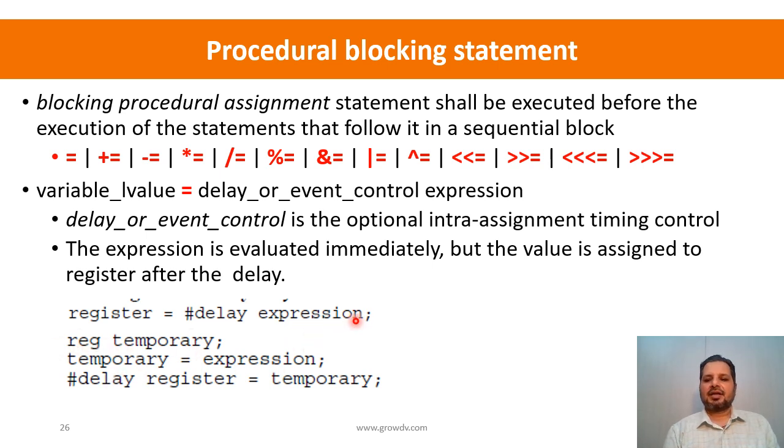The expression gets evaluated immediately, before the delay, and assigned to this temporary variable, and then after the delay, the value that I had stored in the temporary gets assigned back to the register. So this is how the intra-assignment delay takes effect.